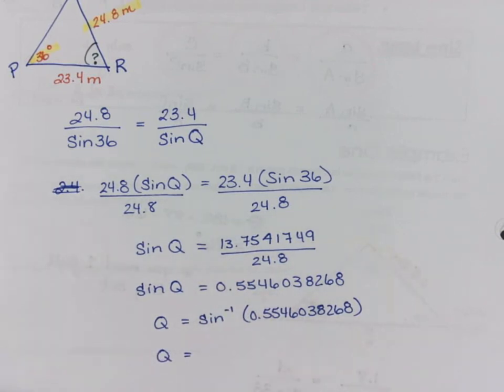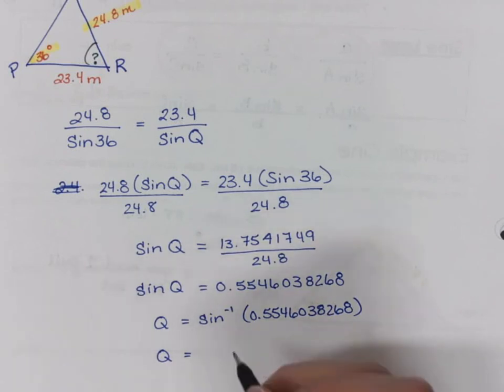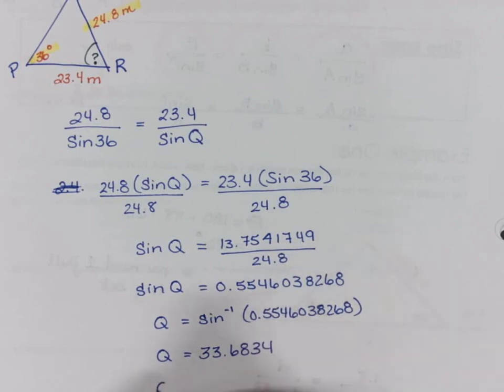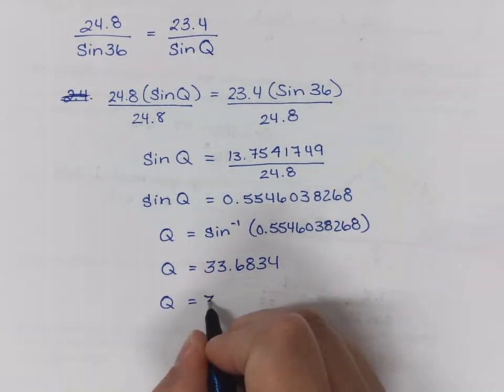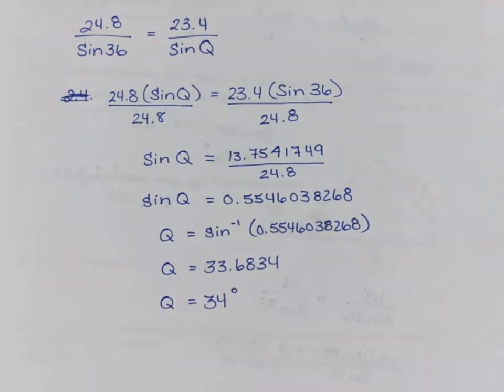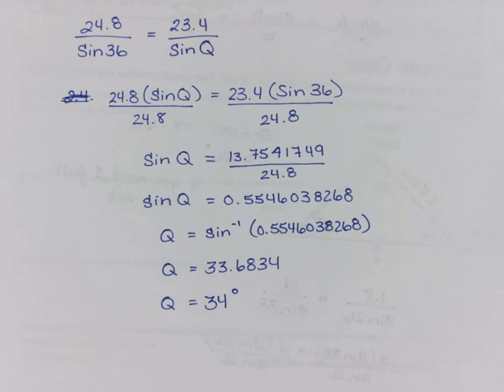And again, I've got the luxury of a fancy calculator. I believe the question said to round to the nearest whole degree, so I would go to 34 degrees. But again, that's not the answer to this question.